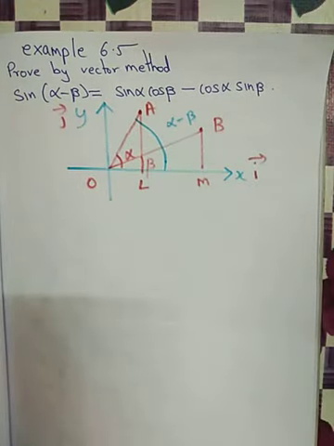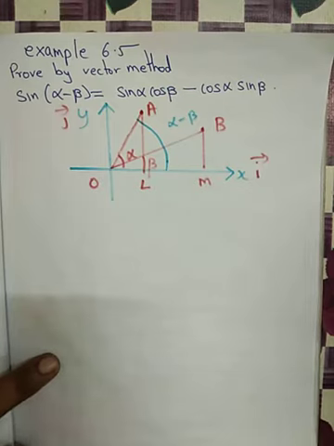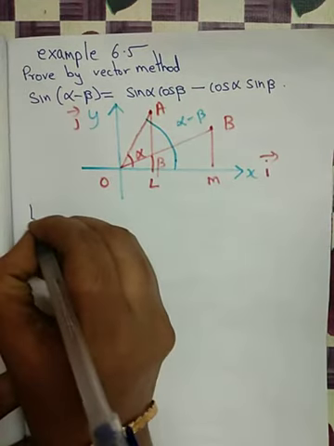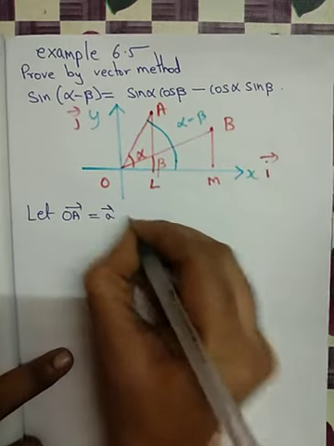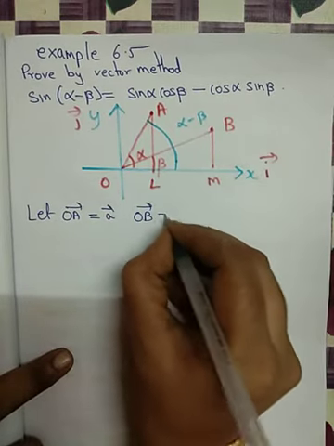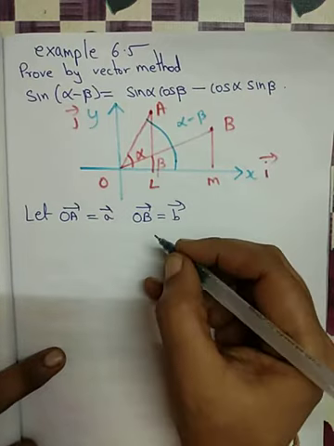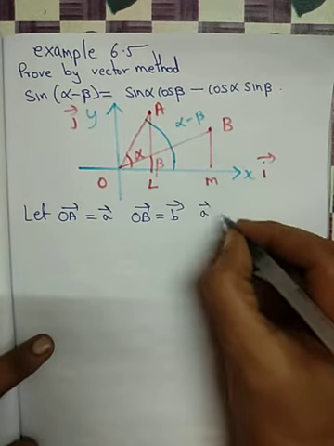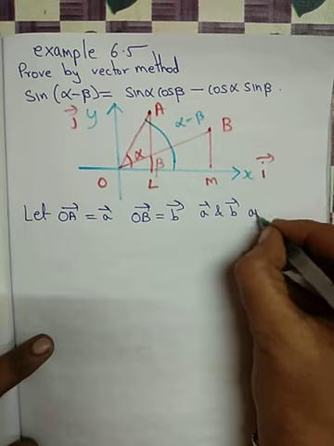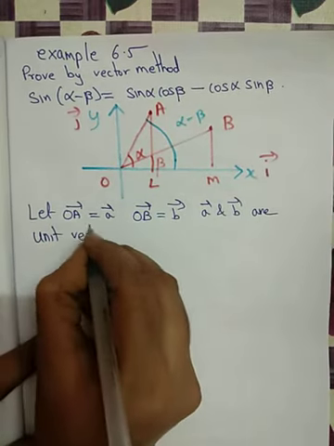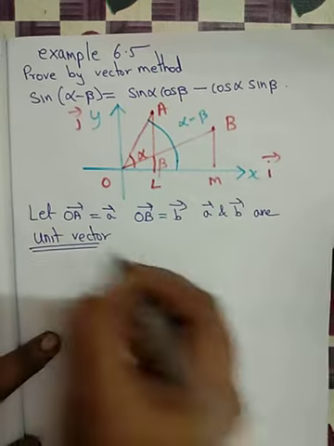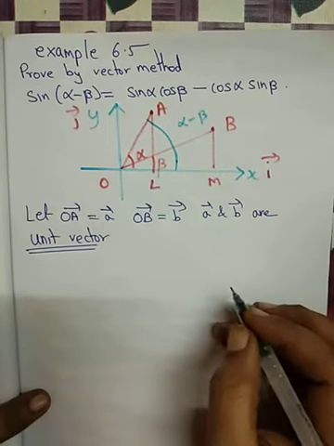Now let us write few lines of introduction. What are the things we have to write is, let OA is equal to A vector, OB is equal to B vector. Next, A and B are unit vectors. That word is very important. That means their magnitude is 1.